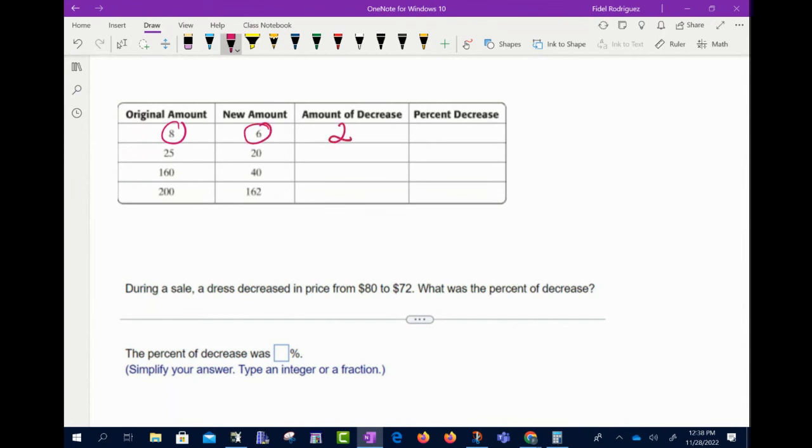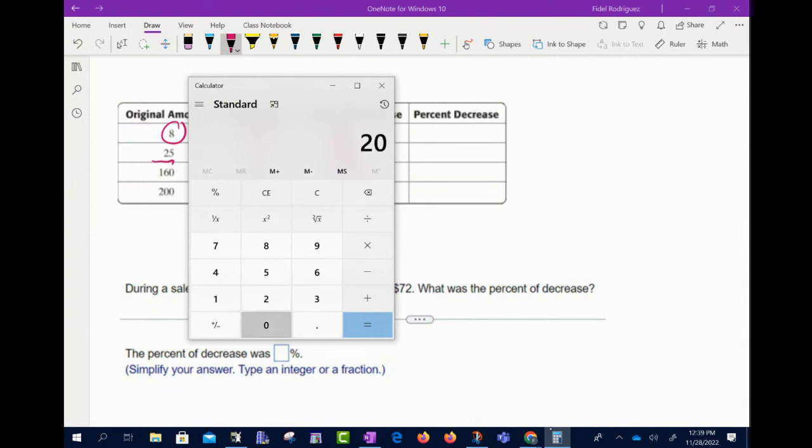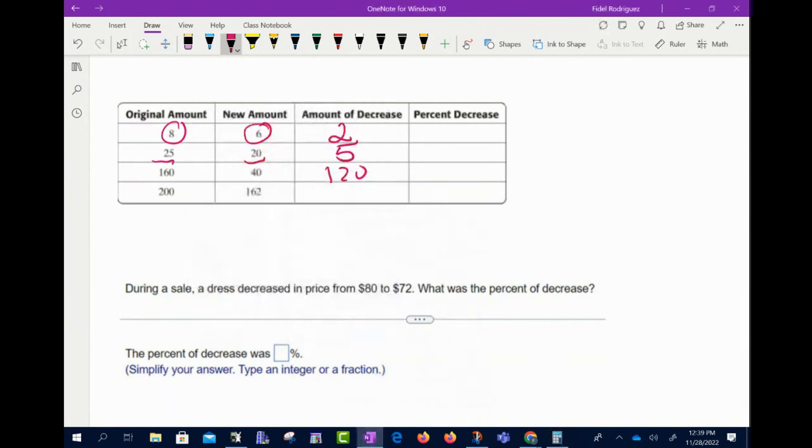It went down by 2, right? I used to have 25. It went down to 20. How much did it go down by? It went down by 5. I used to have 160. Now I have 40. How much did we lose? We lost 120. And from 200 to 162, again, if it gets difficult, y'all, you can just take a calculator and subtract. 200 minus 162, and it went down by 38.